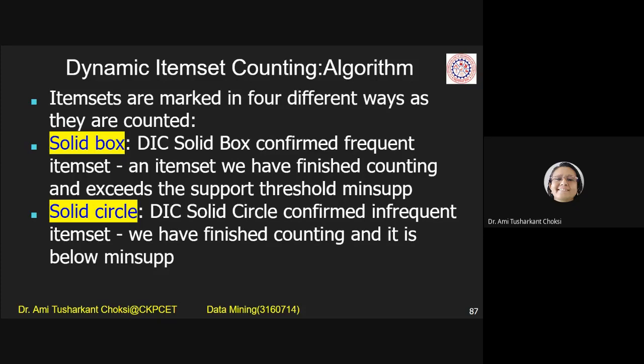When we say solid circle, it confirms infrequent item set. We have finished counting and it is below minimum support. Hope you understand the difference. Solid box means confirmed frequent. Solid circle means confirmed not frequent, or infrequent.